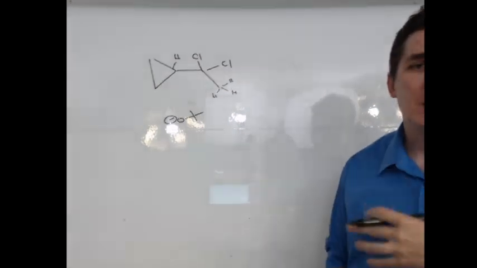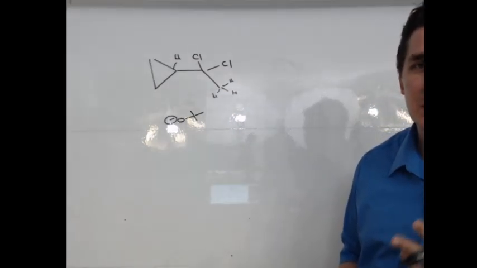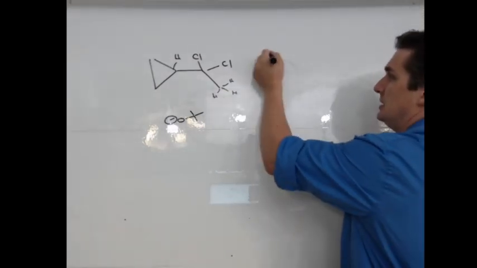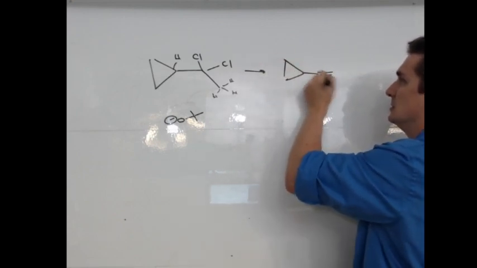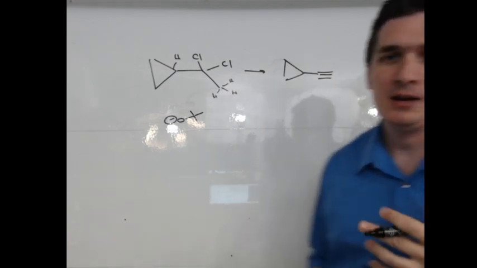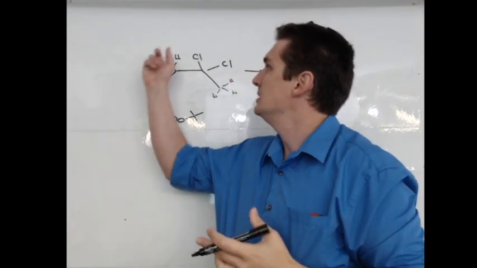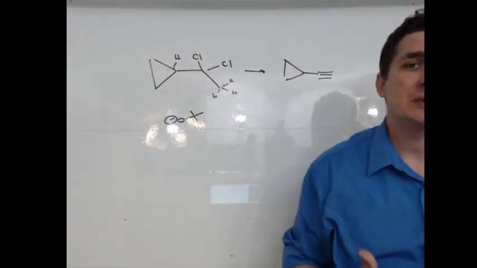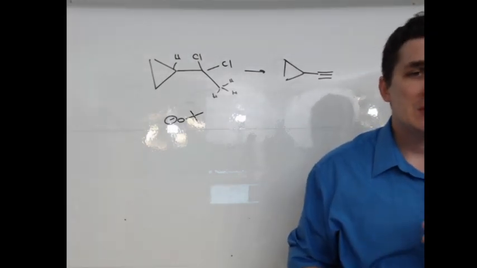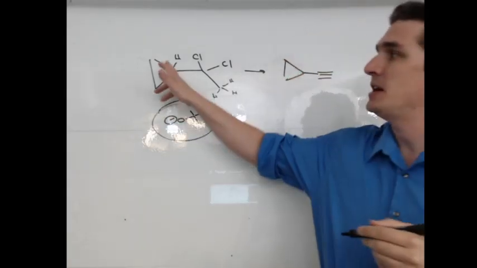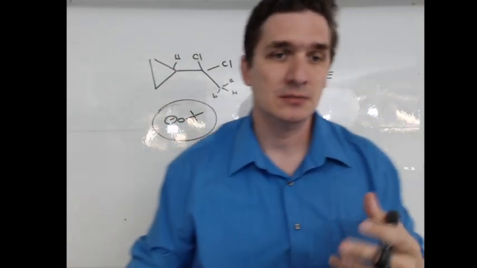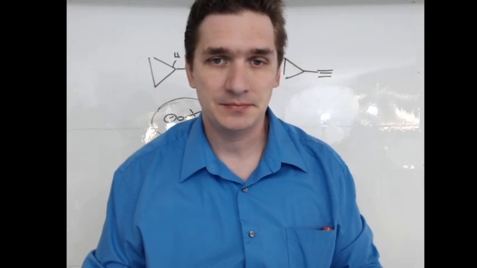So if we're going to do a double elimination, which is what this looks like it's predicting, you're going to end up only being able to do this product. Now, an argument may be made, why don't you get elimination from here, and why doesn't the reaction stall out? I would say the explanation is that because this is such a big base, it's going to have trouble getting to the sterically hindered isolated hydrogen.